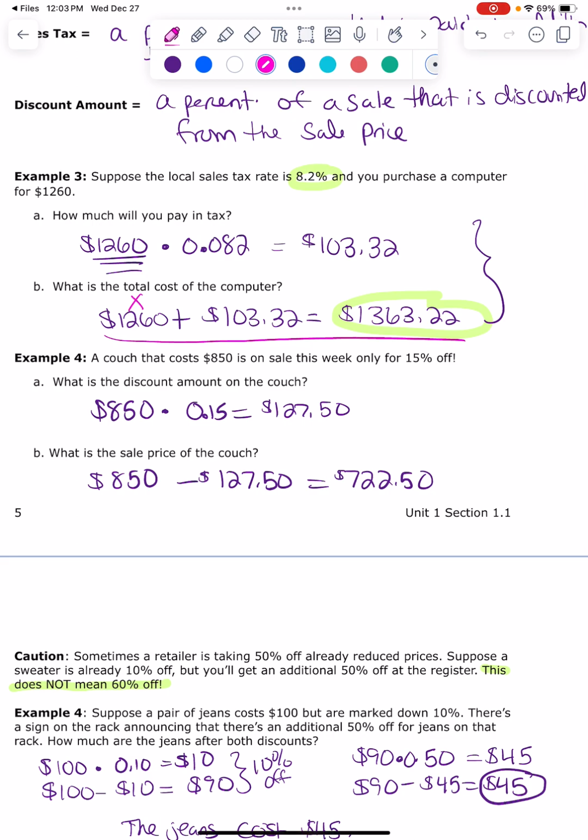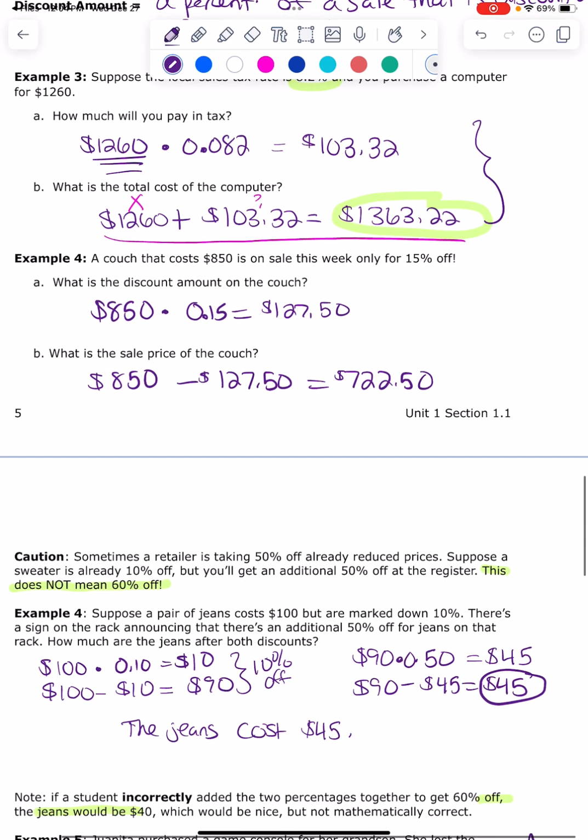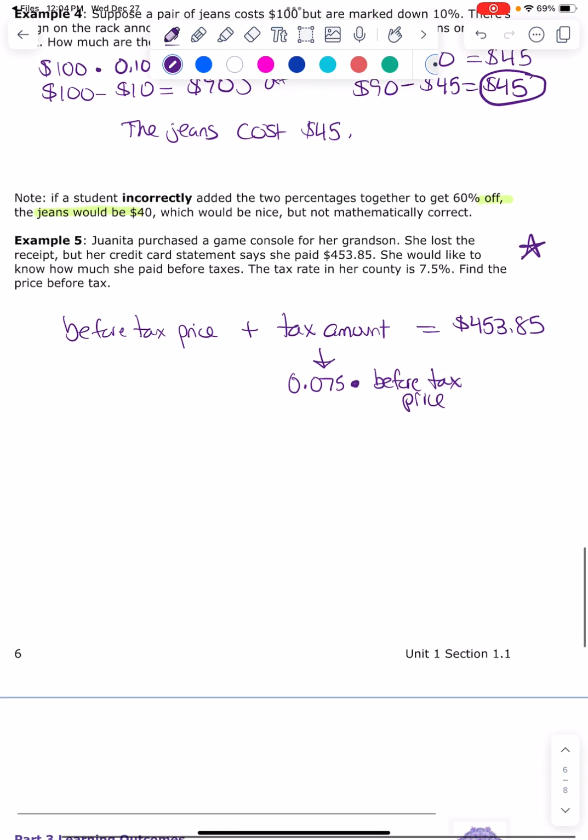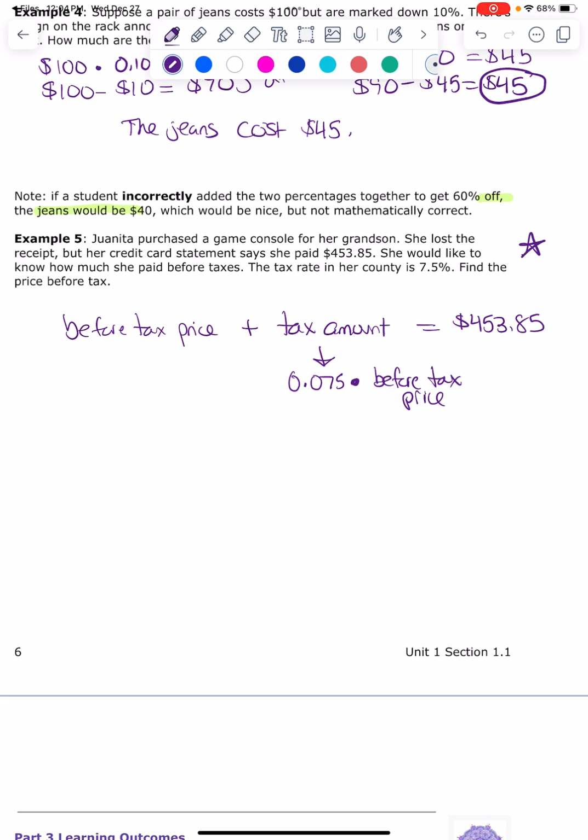And we wouldn't exactly know this one because we would have to know the first one to get that. So it's the same situation, just harder because you don't have that before tax amount. So let's call that before tax amount X. And then this one will be 0.075 times X. That's how you find the taxes.